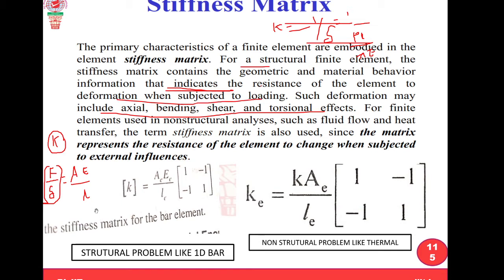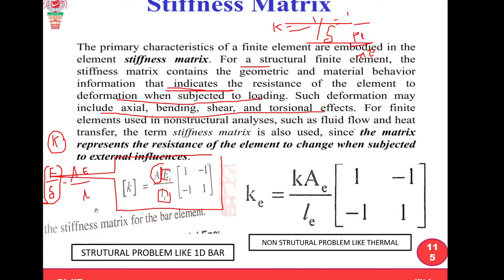This matrix contains geometry properties and a material property. For example, for a 1D bar element, A and L are geometry properties, whereas E is the material property. This is called the stiffness matrix for the 1D bar element.